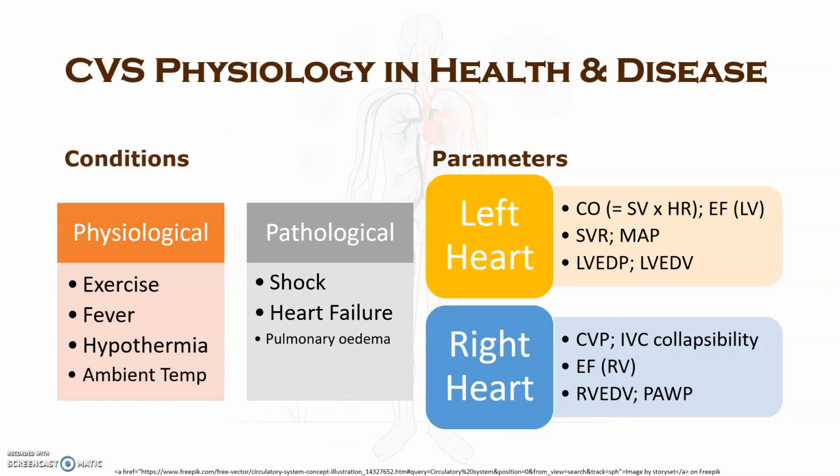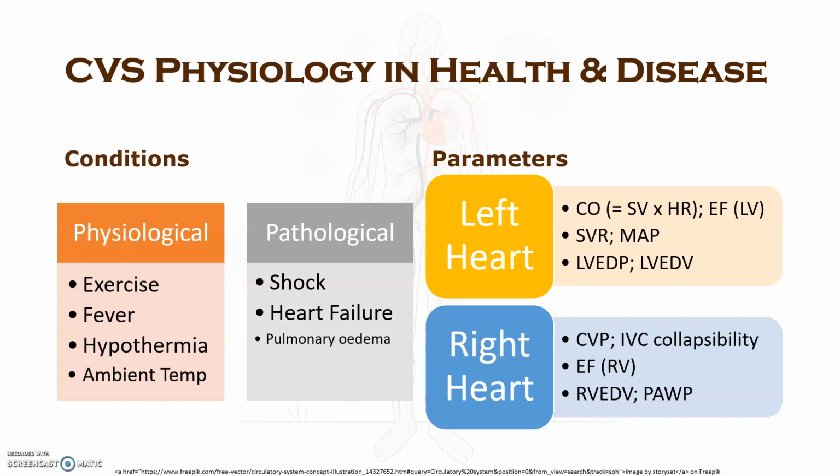So throughout these lectures, we're going to talk about the following conditions and how the cardiovascular physiology changes with each. We're going to look at exercise and fever in this lecture, and then in subsequent lectures we look at different types of shock and heart failure.